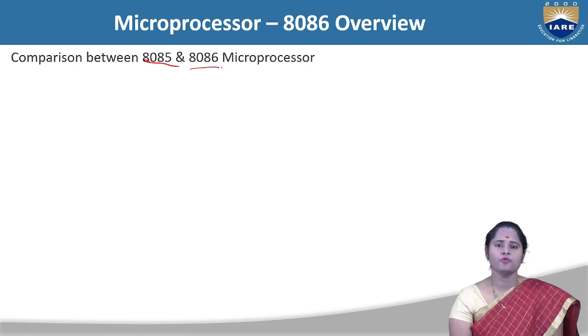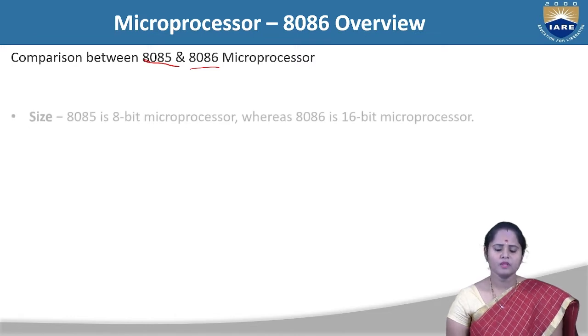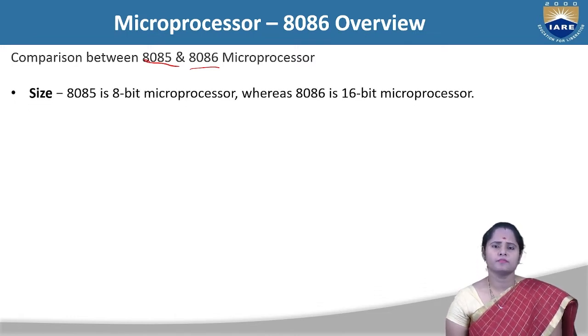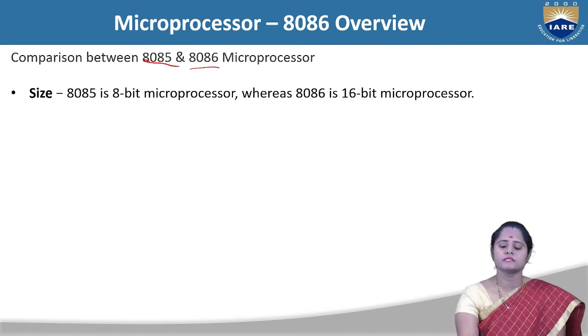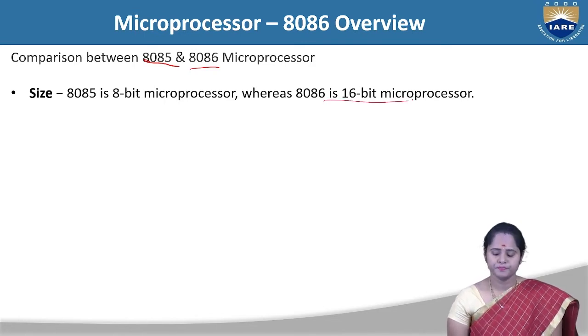Presently I'm going for the 8086, so why are we moving to the 8086? You can see the size. First, the main thing is the size. The 8085 is an 8-bit processor, whereas the 8086 is a 16-bit processor.